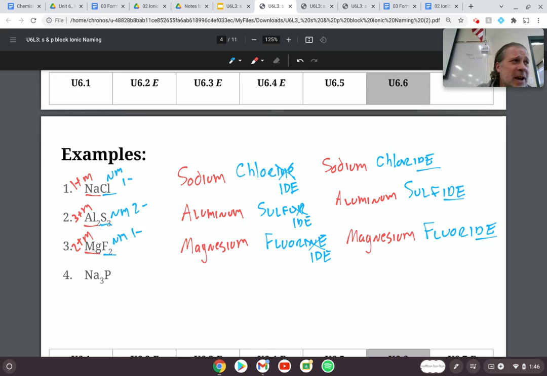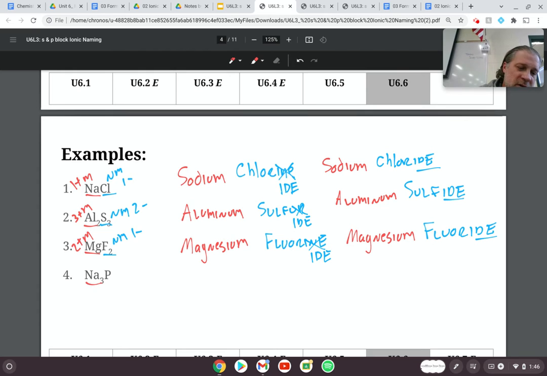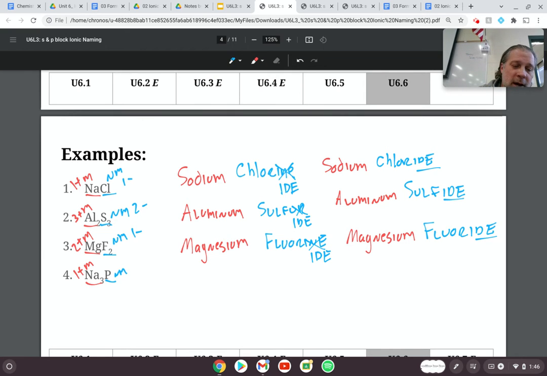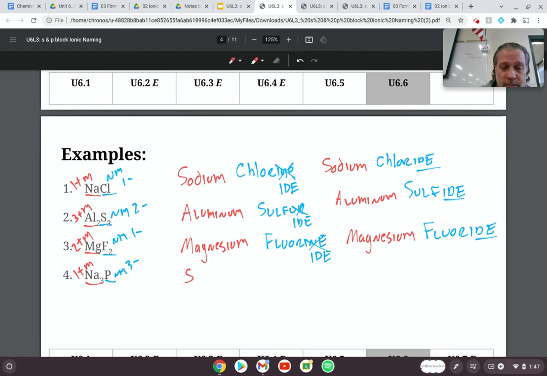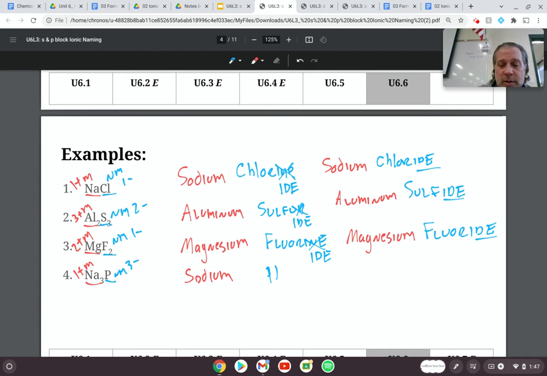Next one is a little tricky, not tricky hard, but just a little bit trickier in terms of the name itself. So Na is a metal, and I know that it's got a charge of +1 because of its location on the periodic table. P is a nonmetal, and I know its charge is a -3 because of its location on the periodic table. I locate Na on the periodic table, and I find that its name is sodium. And I locate P on the periodic table, and I find out that its name is phosphorus.